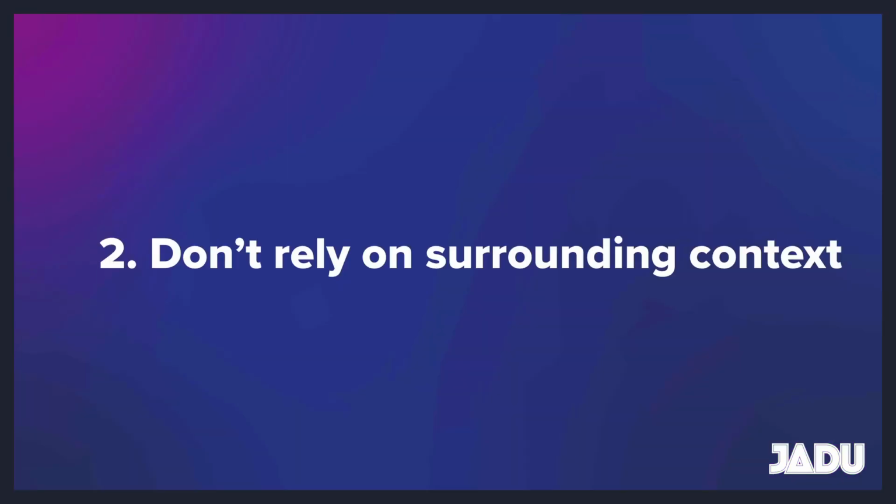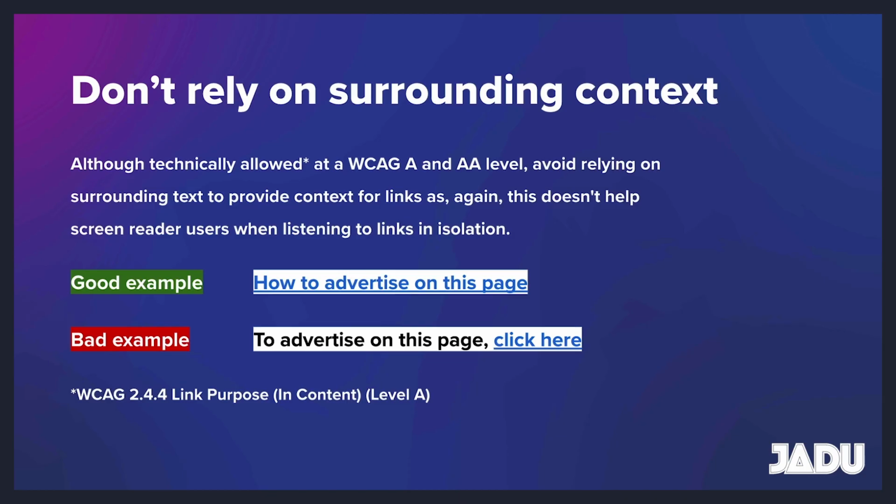Number 2, don't rely on surrounding context. Something we don't want to do is rely on surrounding text to give our links context. Although technically allowed at a WCAG A and AA level for links surrounded by text, avoid relying on surrounding text to provide context for links, as again, this doesn't help screen reader users when listening to links in isolation.